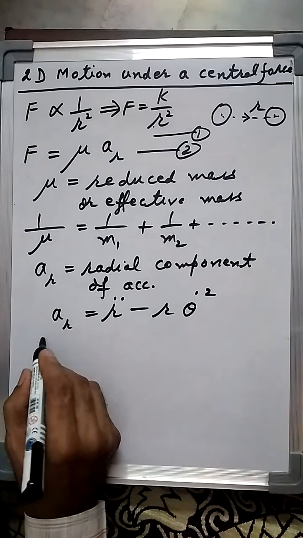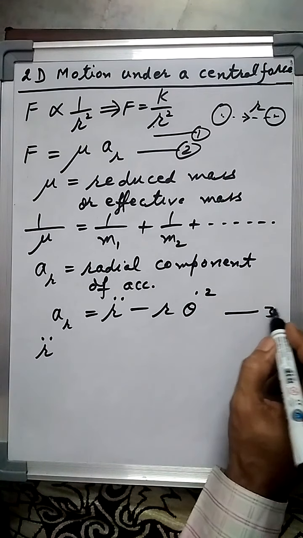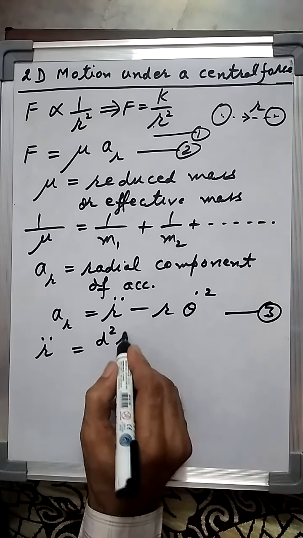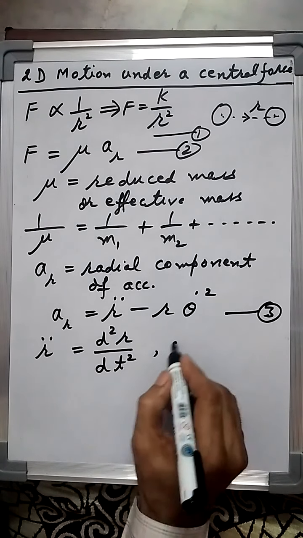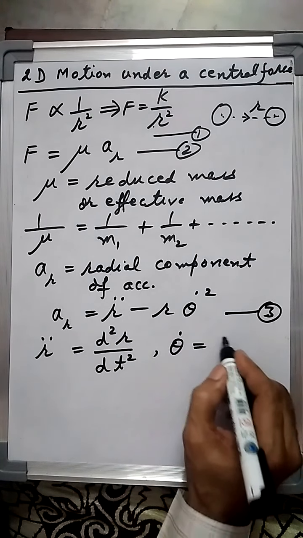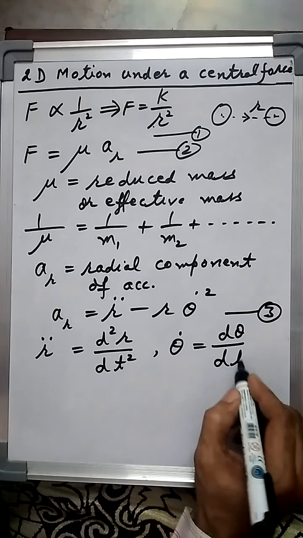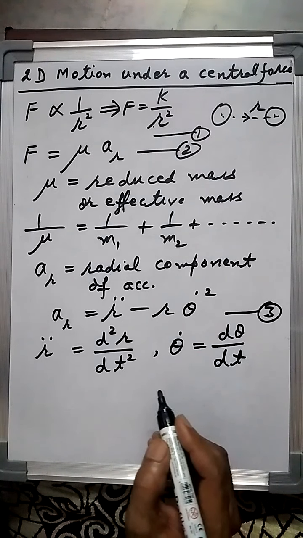Let me call it equation number 3. Here r double dot means the second derivative of r with respect to time, and theta dot means the first derivative of theta with respect to time. r and theta are polar coordinates of the moving body.